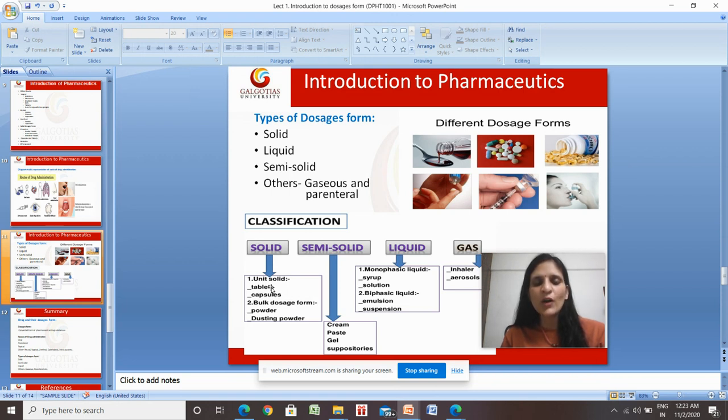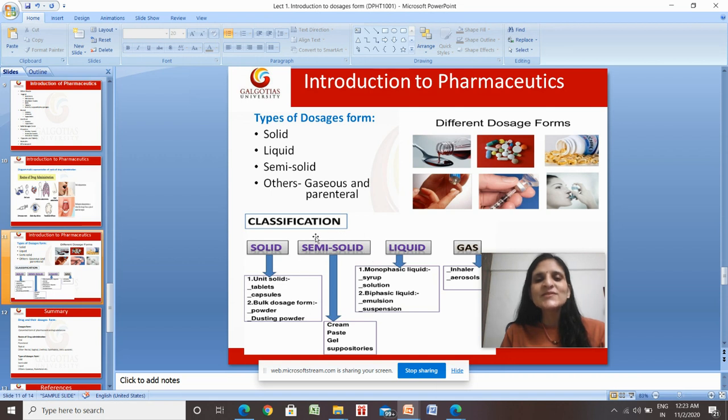These dosage forms are easily countable in a single dose, like one tablet, one capsule, two tablets, two pills, etc. Bulk dosage forms are non-countable but measurable. For example, powders, nutraceuticals, dusting powders, nutrient supplement powders. These are measurable dosage forms like 1 teaspoon, 2 gram, 5 gram, 5 ml, likewise.